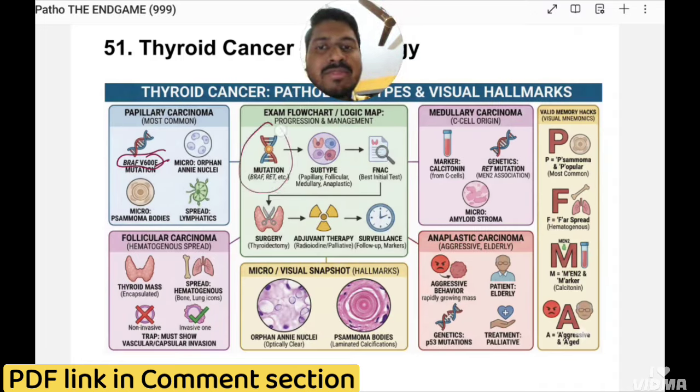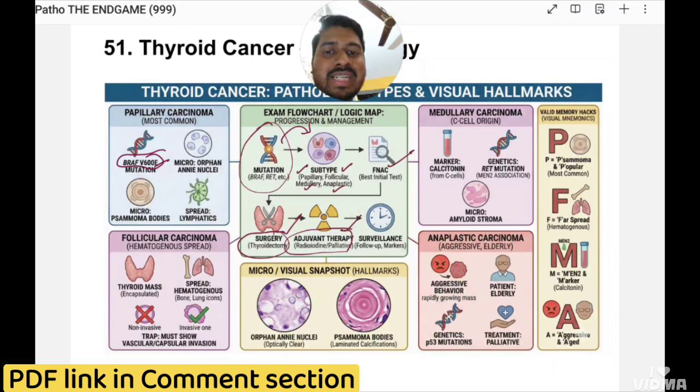Initially a mutation occurs, then there will be differentiation into any one of these 4 subtypes: papillary, follicular, medullary and anaplastic. The best initial test, remember in thyroid carcinoma, the only one we are concerned about is FNAC. Then we go for the option of surgery, thyroidectomy. We do staging also.